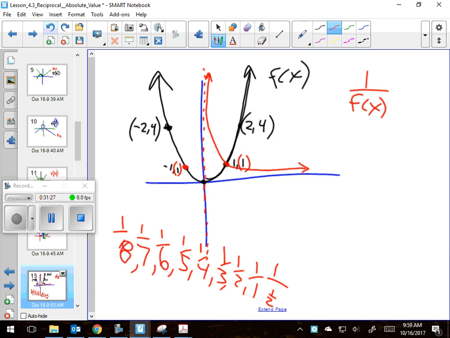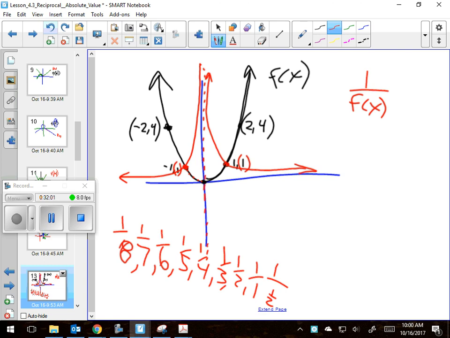By putting 1 over something, can you ever make it negative? No, you can't. So for those of you that thought maybe it would go down here, it can't, because you have only positive numbers. So therefore, your answer is this red line here, and then on the other side, of course, doing the exact same thing. When this gets really small, this gets really big. So it's like that. There you go.